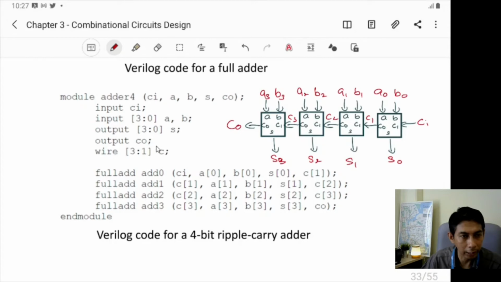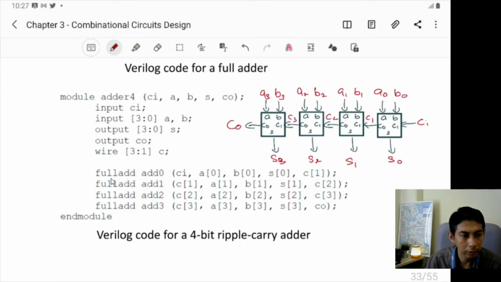And we also have internal wires, which are C1, C2, and C3. So these wires must be declared as wire. So we have C3, C2, and C1. This is the declaration part. And how to create the whole circuit, connect everything together.